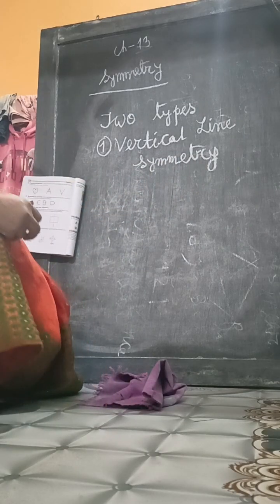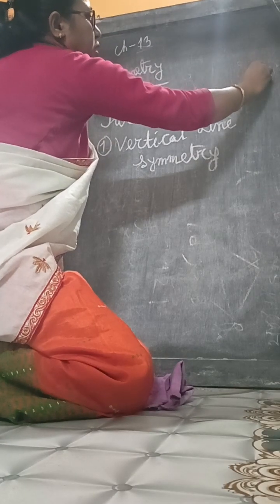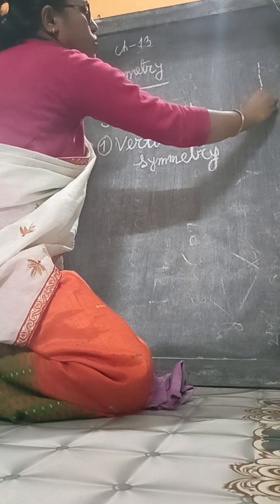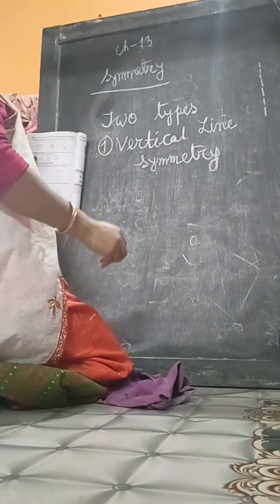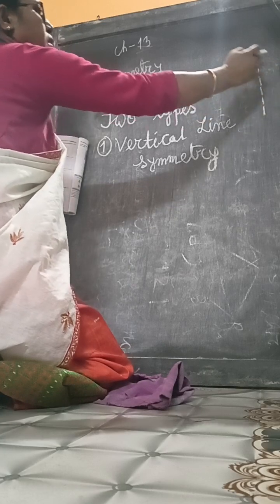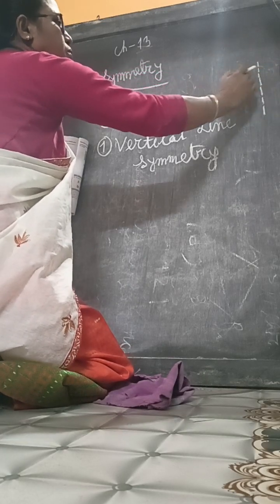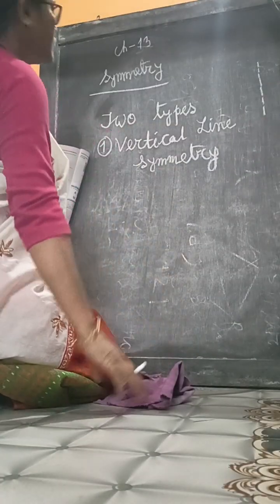Symmetry. And you know this is a vertical line. Understand? If this part of one object is equal to this part, then this is the vertical line of symmetry.